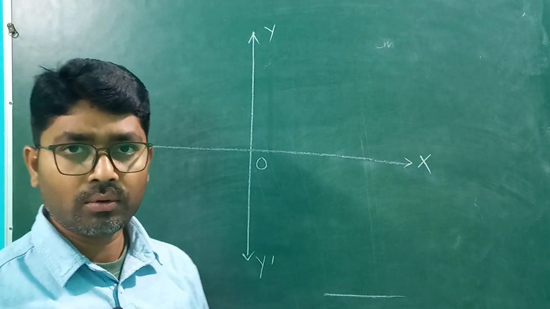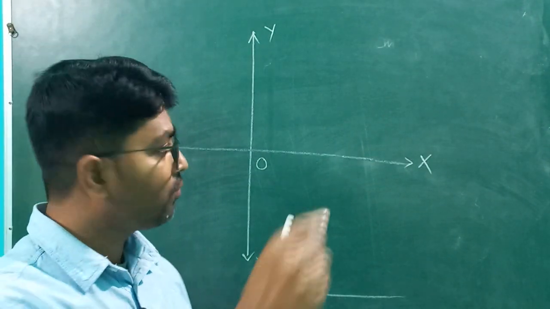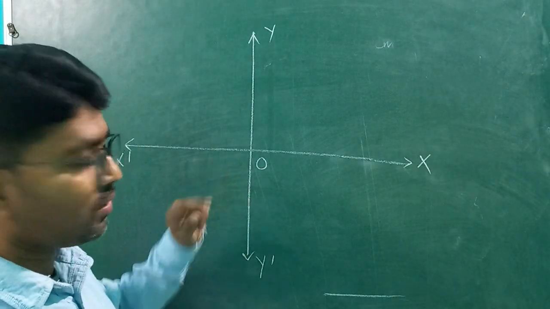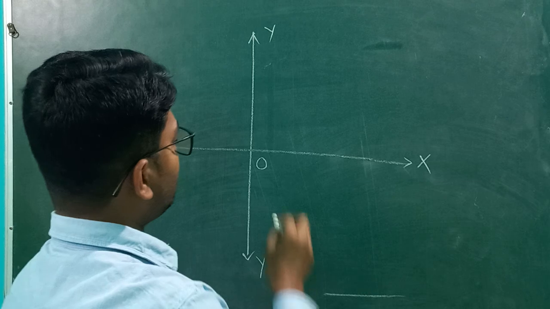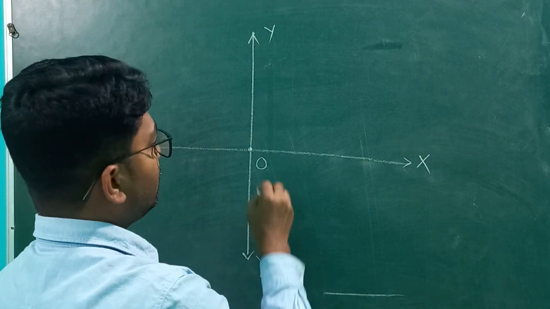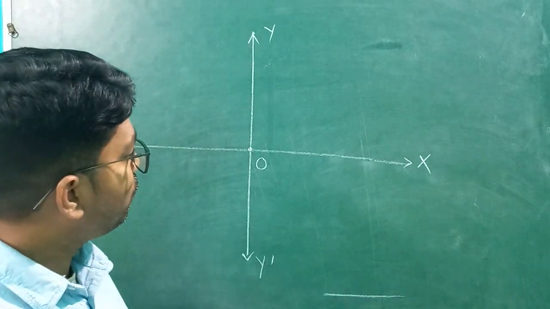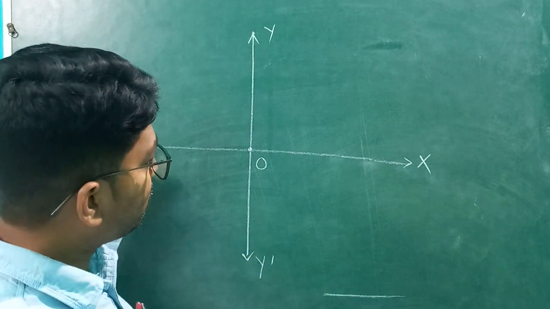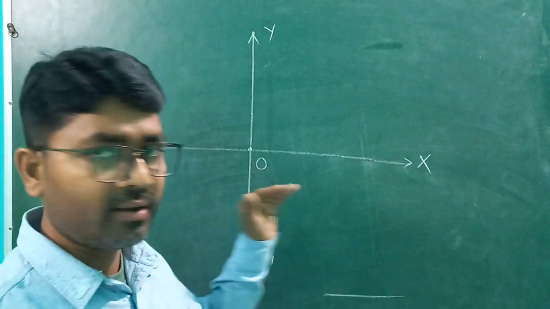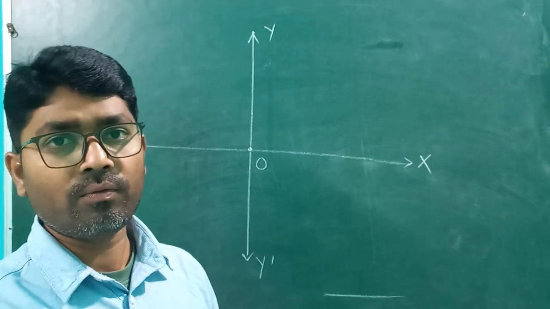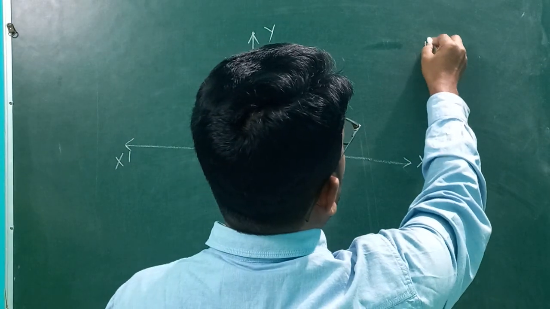Now, our rule: to reach any point in this plane, we have to move towards the point from the origin. That is, our starting point is always the origin. Then second, we have to move first along the x axis, not along the y axis. You have to move first along the x axis, and then along the y axis. That is our first rule.